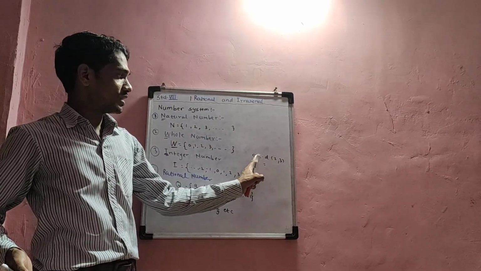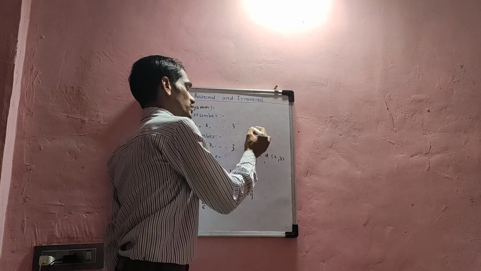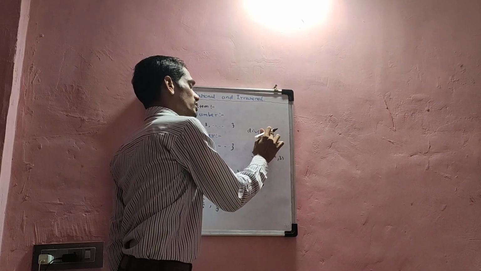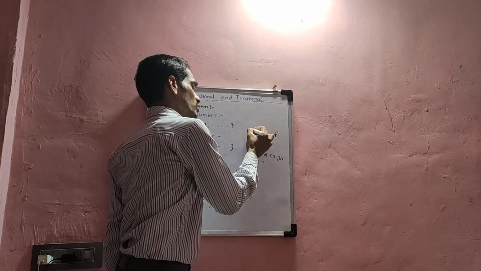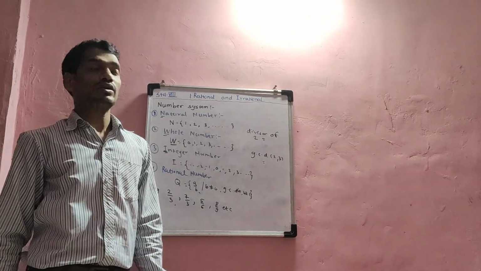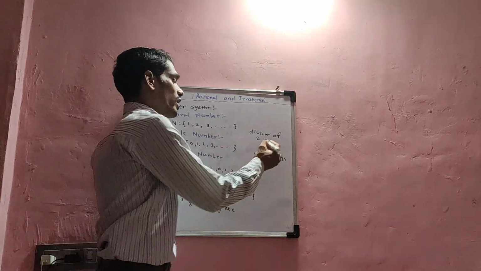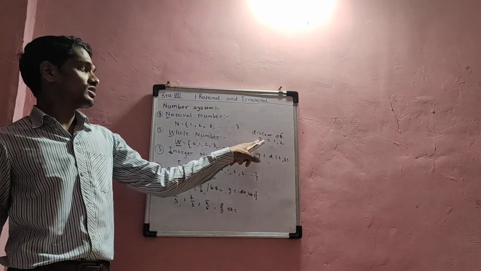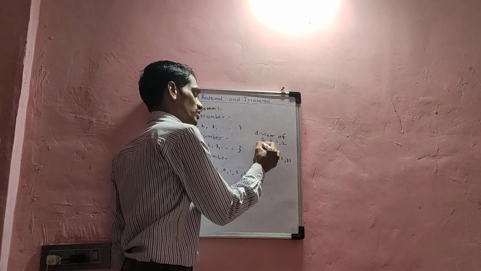GCD is the greatest common divisor. How to check it? Check the divisors of 2. What are the divisors of 2? 1 and 2. 2 is in the table of 1 and also of 2.